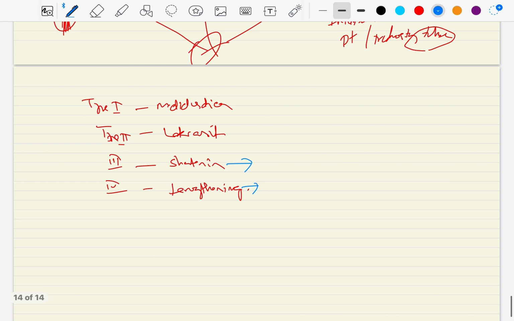Both are useful for the voice. If a male has a female voice, so this one is for puberphonia. For high pitch to low pitch it is this; here it is opposite, low pitch to high pitch.